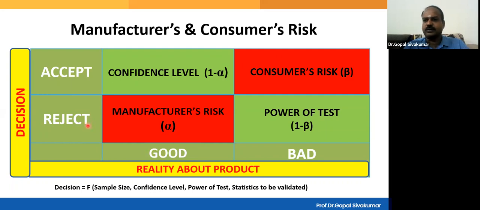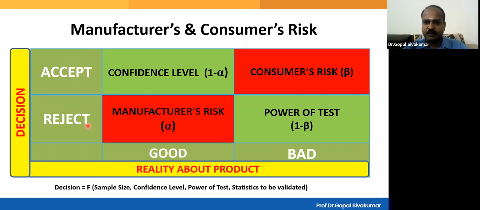Maybe it is due to some limitation in the study. They took a small sample, and the sample units are found to be bad. And so what happened? They have rejected your entire lot of products you manufactured.